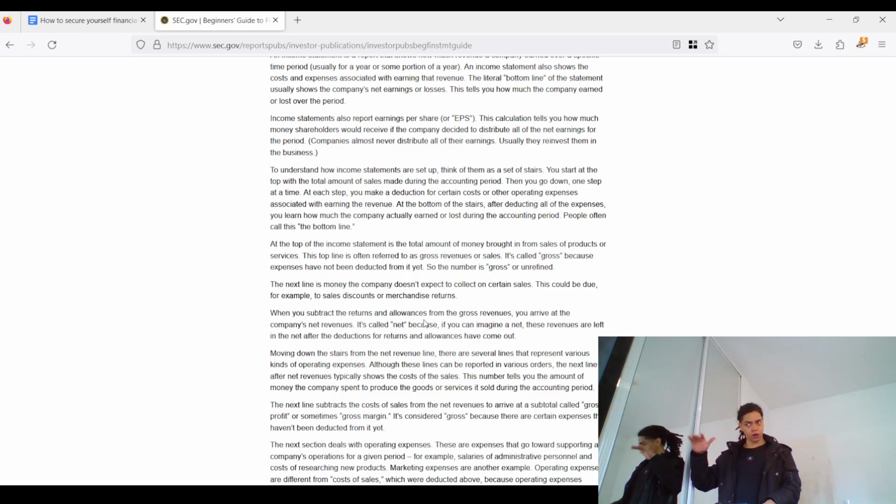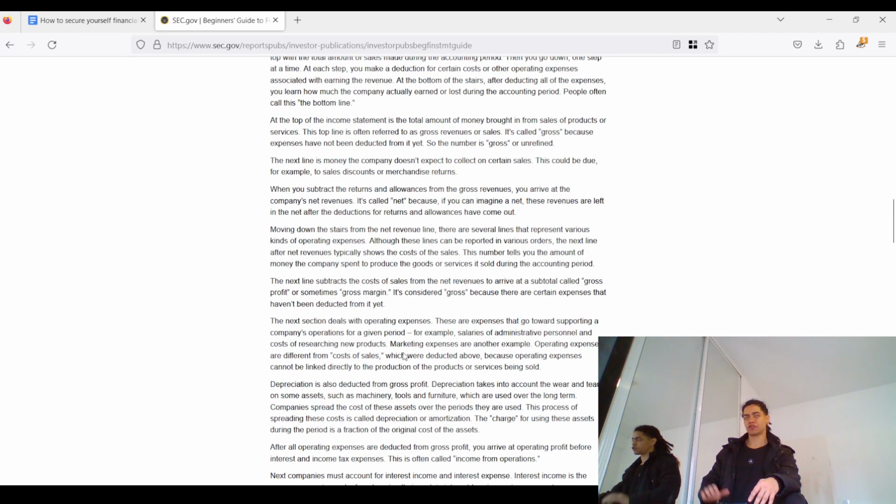And once you deduct all of that, then you reach the net income, right? I mean, sorry. Once you deduct the interest from the operating profit, then you reach the profit before income taxes.